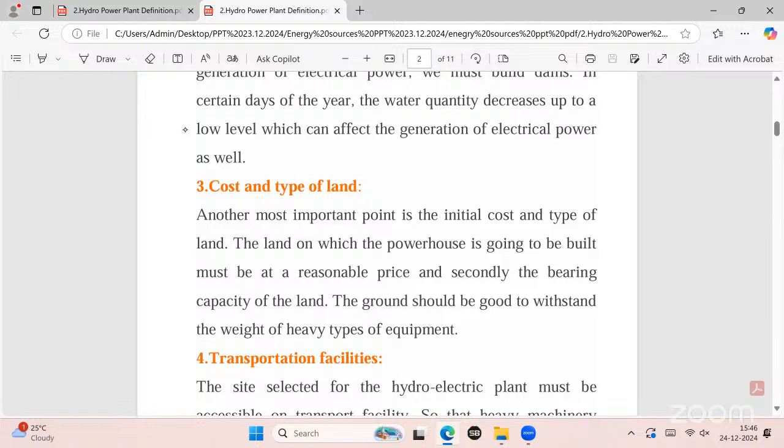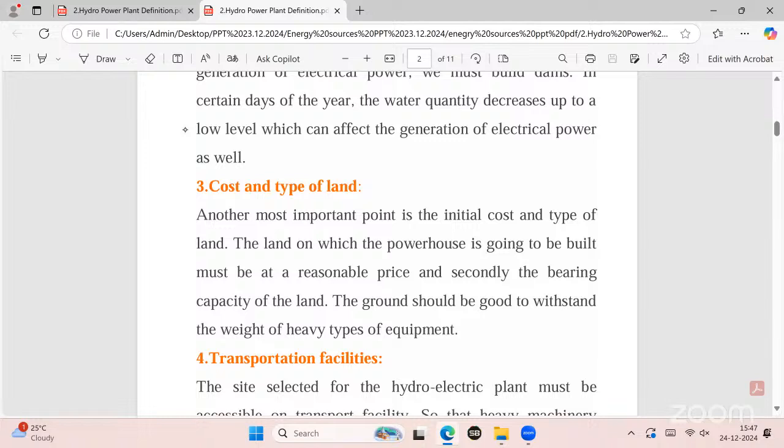We have to check the land and its cost. Fourth, transportation facilities, so it is easy to go to the plant whenever required. These are the four important points before selecting the site: availability of water, storage of water, cost and type of land, and transportation facilities.